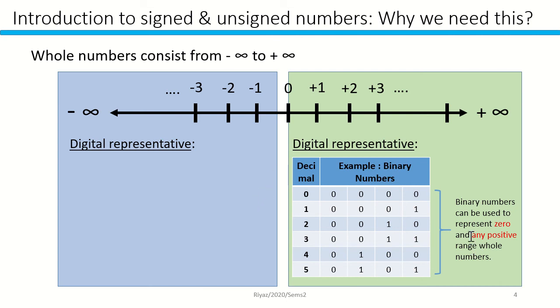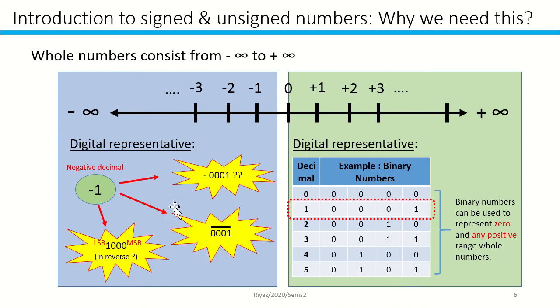This is okay. So how about negative numbers? Let's say you have negative decimal 1. On your positive side, 1 is equal to 0001. But for the negative, how are you going to represent this? Are you going to show it as negative 0001?